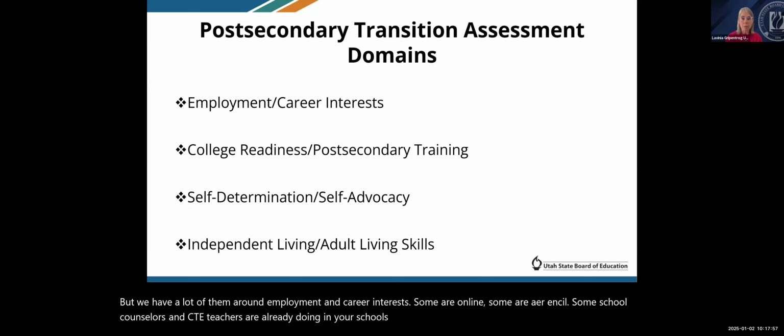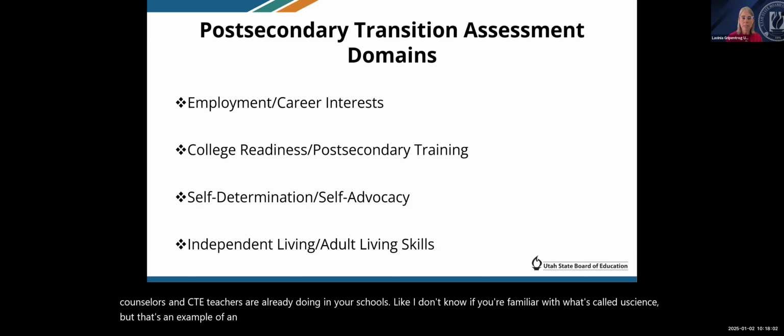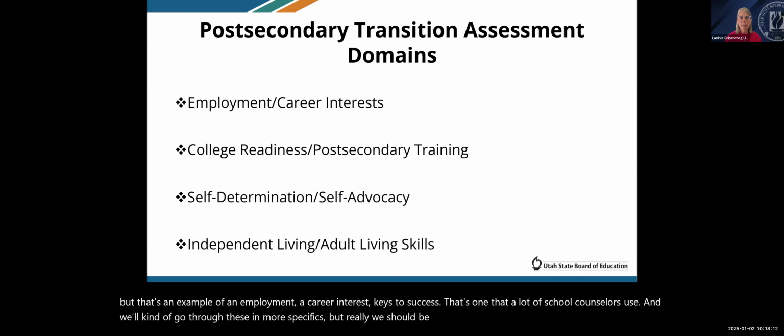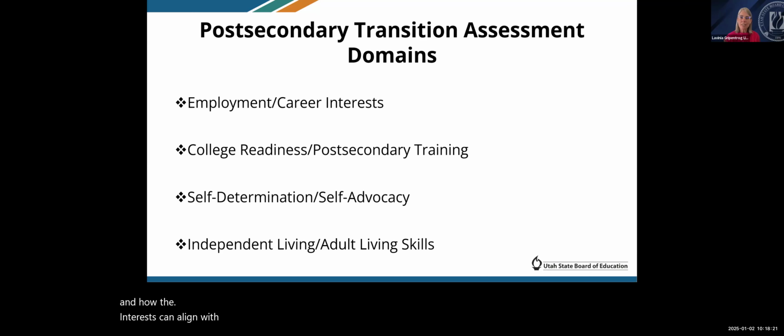Like, I don't know if you're familiar with what's called U-Science, but that's an example of an employment, a career interest. Keys to Success, that's one that a lot of school counselors use. And we'll go through these in more specifics, but really we should be doing something around this idea of career interests and how the students' interests can align with career cluster areas, to start this conversation about, oh, well, you're really social.